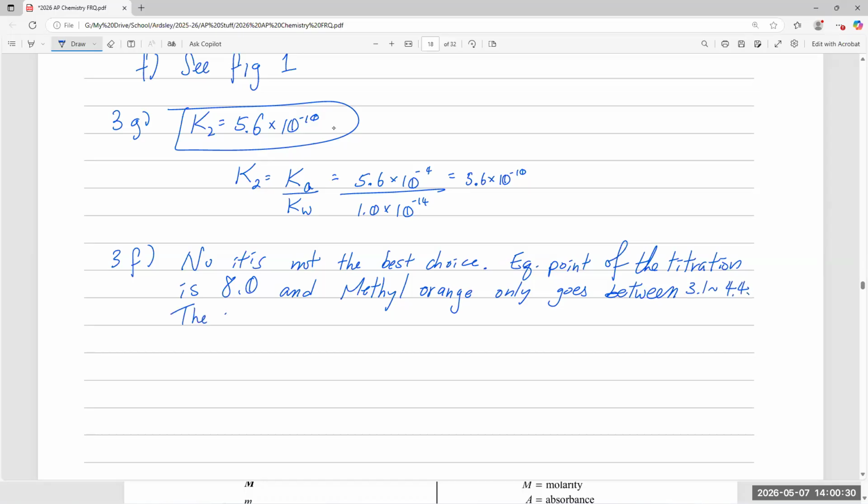The inflection point of the titration, the point where it flips between acid and base, is out of the range of the indicator.